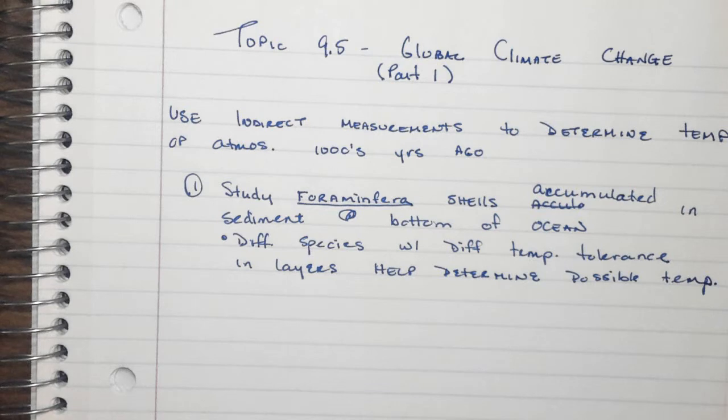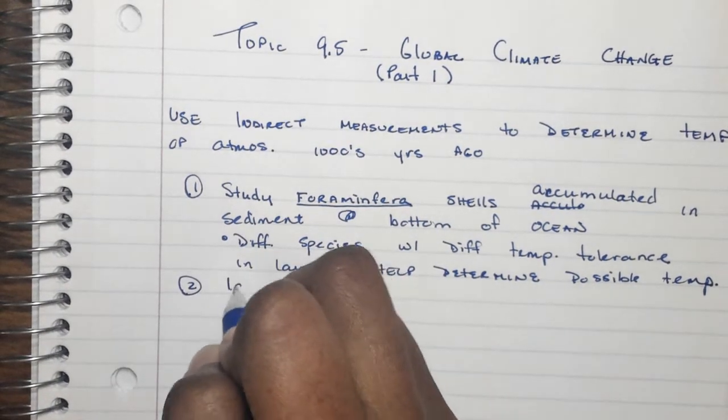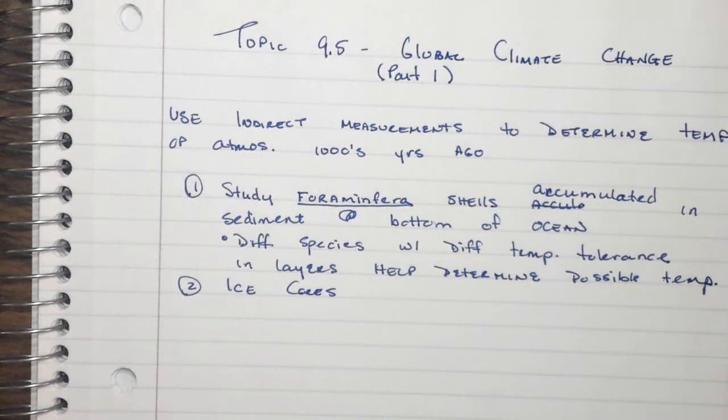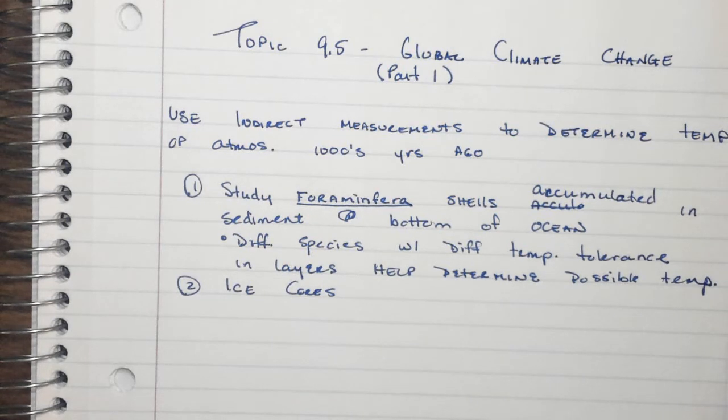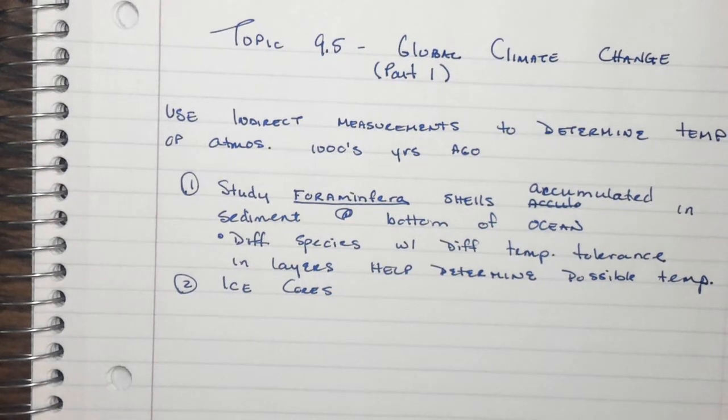Another way, which is really kind of cool, is ice cores. Let me see if I can get you a picture so you know what I'm talking about. Basically, we can dig deep into the ice and pull out a cylindrical core.